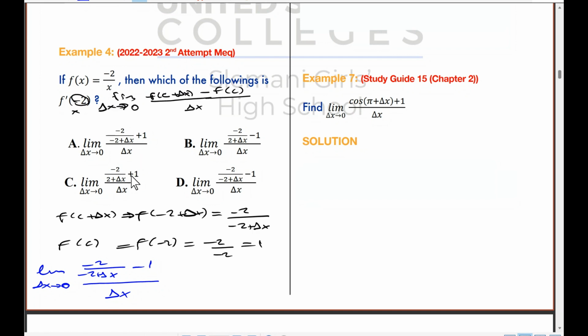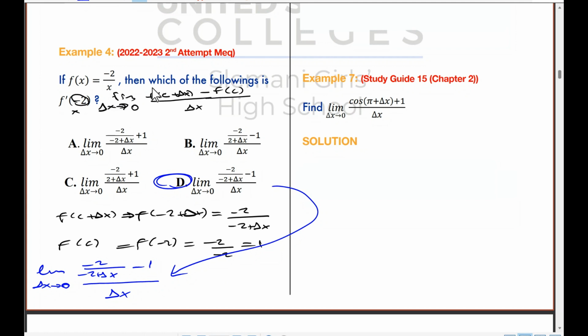We have two. This one? Yes, this one. D. Negative 2 over negative 2 plus delta x minus 1 over delta x, same as what I got here.